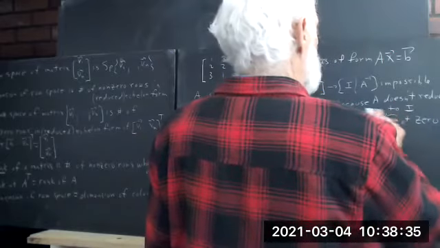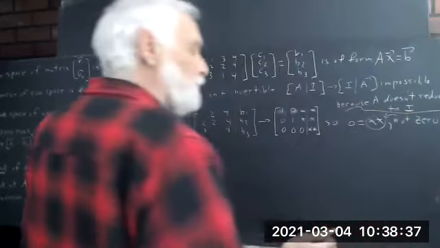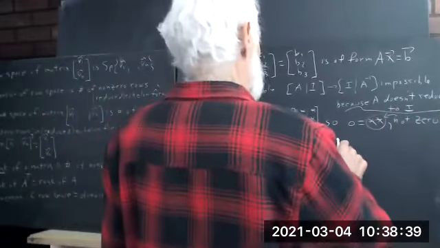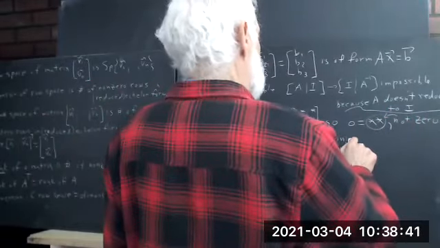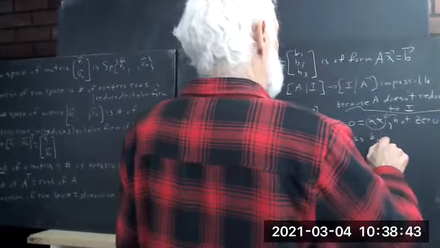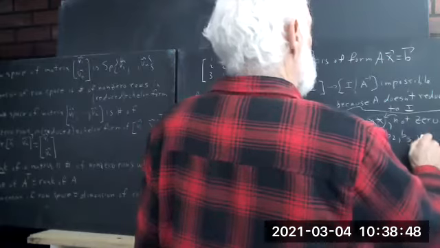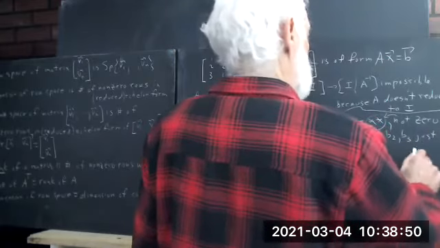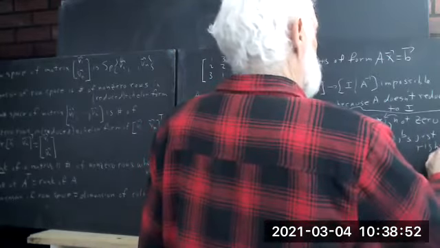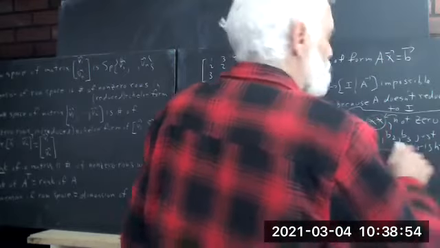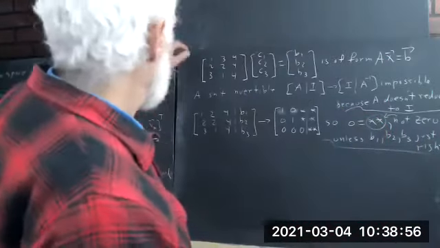So this double star is not 0, unless you have just the right B1, B2, and B3.